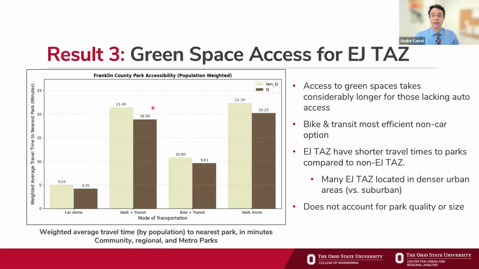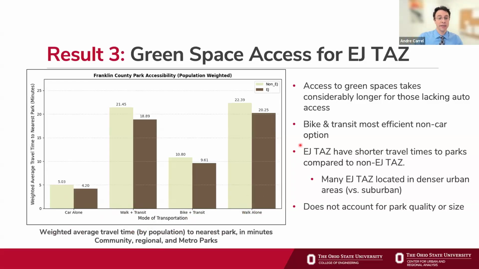So what this bar chart on the left is showing is the weighted average travel time. We're weighting by population here to even out urban versus suburban zones. So the weighted average travel time to the nearest park in minutes, considering community, regional, and metro parks. And we can see car alone versus walk in transit, bike in transit, and walking alone.